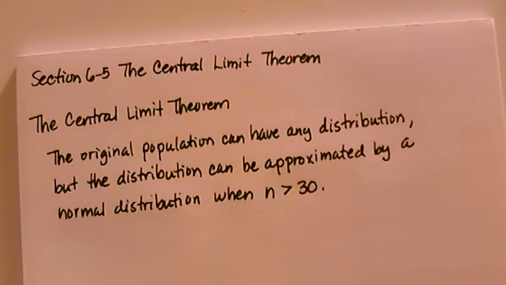Okay? So if you have a sample size bigger than 30, then that means that our original population can be approximated by a normal distribution.